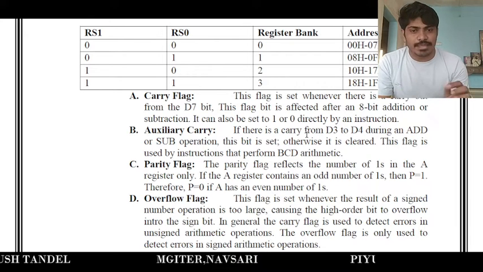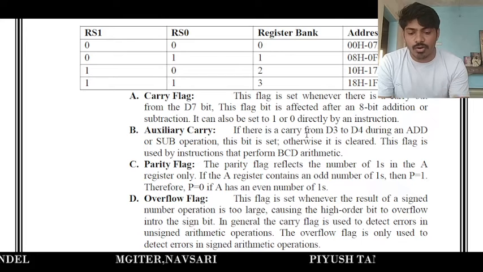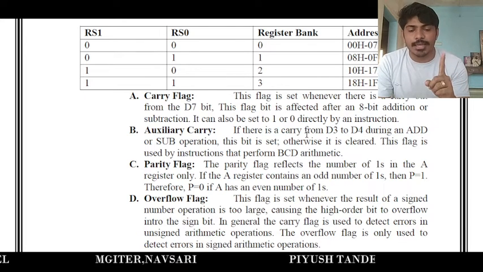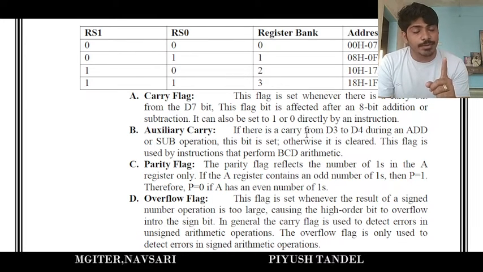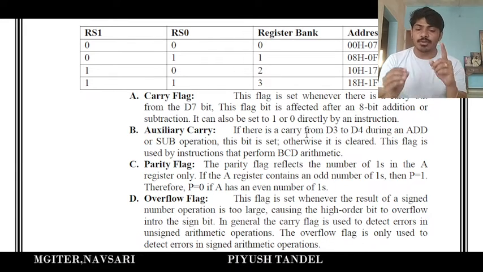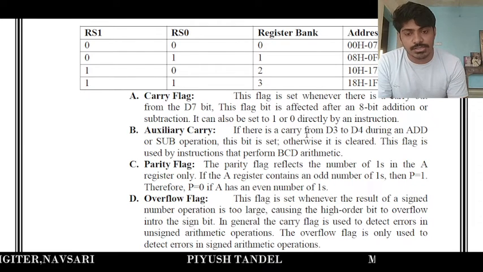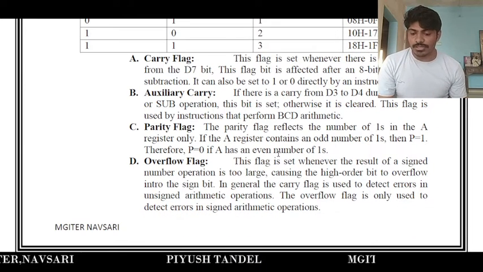So A means accumulator. यहाँ पे क्या हो रहा है कि accumulator में अगर 1 की संख्या ऑड नंबर है तो पैरिटी फ्लैग में 1 आएगा, ठीक है। और अगर accumulator में 1 की संख्या इवन नंबर है, तो पैरिटी में 0 आएगा.